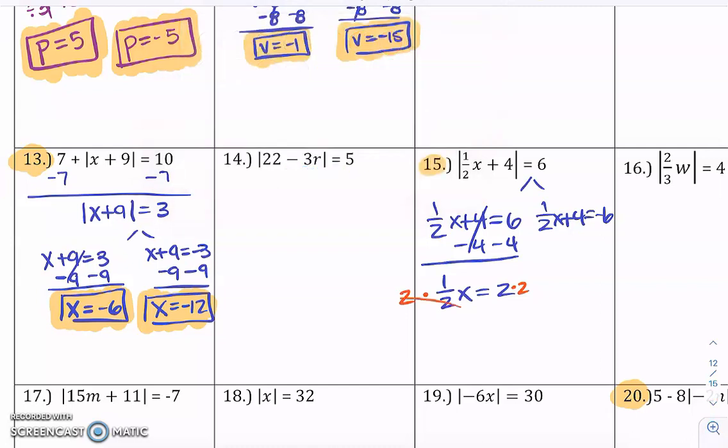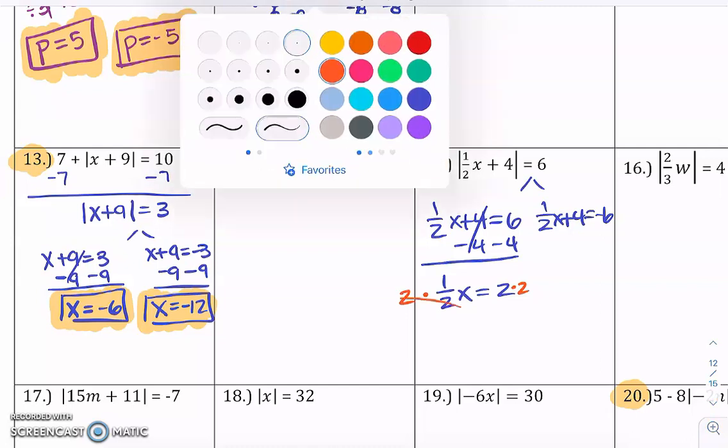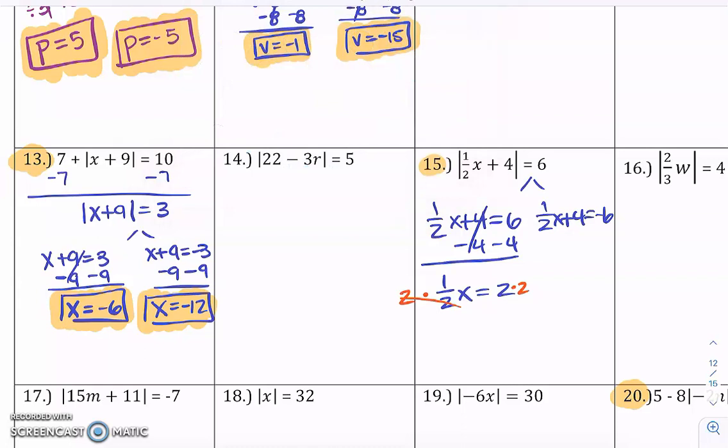That will get rid of your denominator. First answer is x equals 4. Okay, second one. Same thing, subtract 4. Get 1/2 x equals negative 10. Should have given you guys more space. Multiply both sides by 2. Get x equals negative 20.